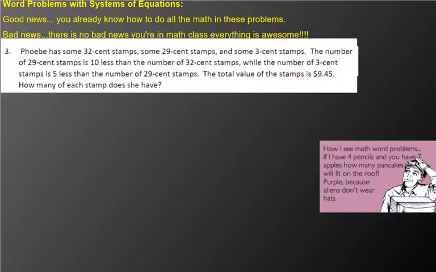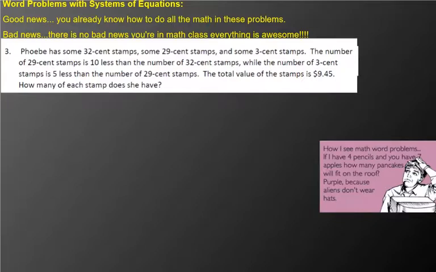So if you look at any given sentence like this one, the number of 29-cent stamps is 10 less than the number of 32-cent stamps, that should be an equation, and this one is also going to be an equation, and this one too.